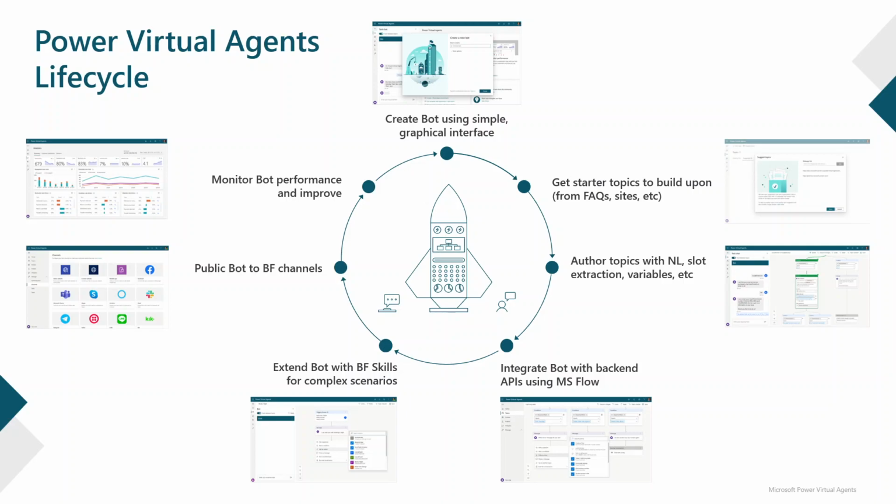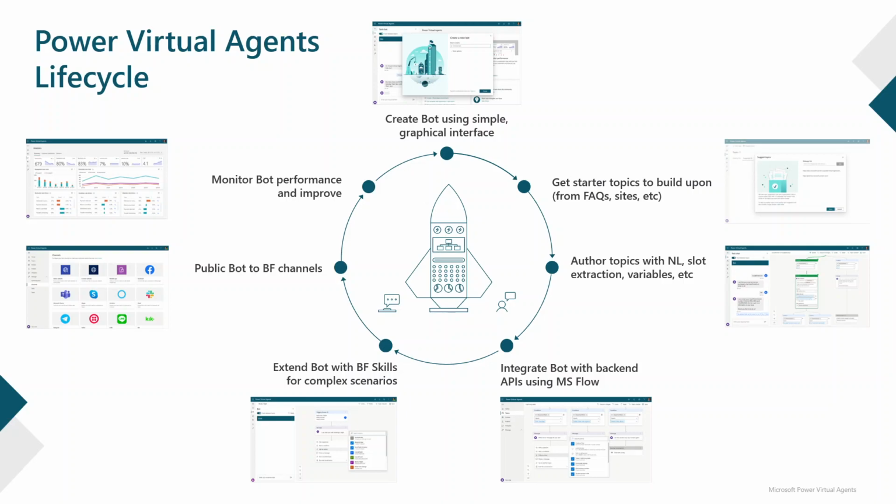You then create your own topics with slot extraction variables, and we'll go through some of this in the course. Once you've got the topics, if you need to integrate and do some jobs based on the results of the chat, you can do that using Power Automate.